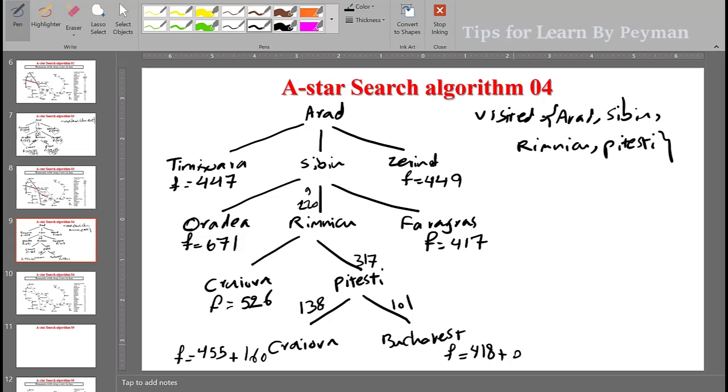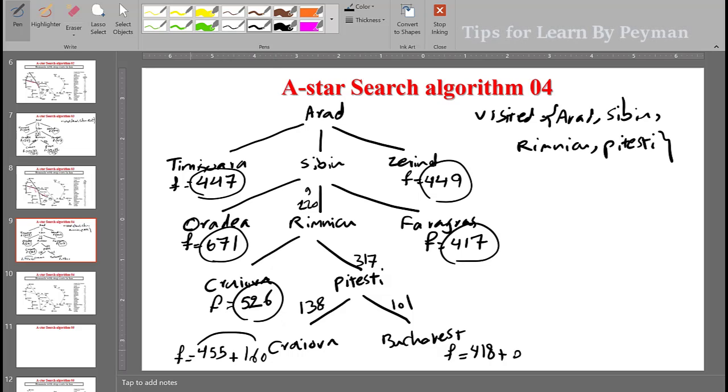So some of the students make a mistake here because they think they reach the goal, they do not continue. But we should, I should say that we have values here: 447, 449, 671, 417, 526.